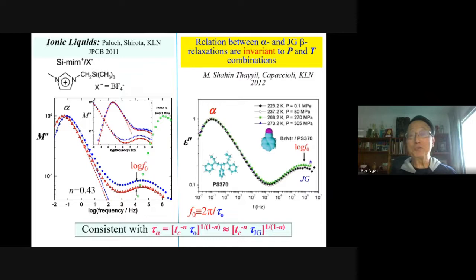As I mentioned to you, no matter what you're talking about, there's always a primitive relaxation to go with the long-term relaxation. So here again, you see the calculated f naught is near the same place as the so-called secondary conductive relaxation, and the pressure temperature again holds very well on the inset. You see the same place. Okay.